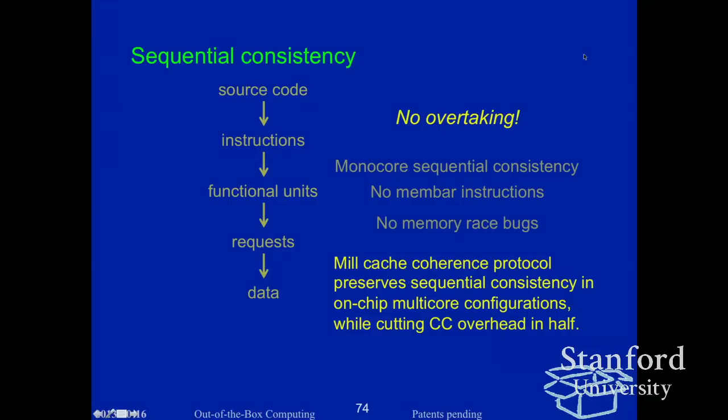If you are in fact running in a multicore, you have a cache coherence protocol. Multicore is the topic of another talk, and one of the aspects that will be covered in that talk is the fact that our cache coherence protocol merges the sequential consistency of each core into a globally sequentially consistent ordering across all cores.